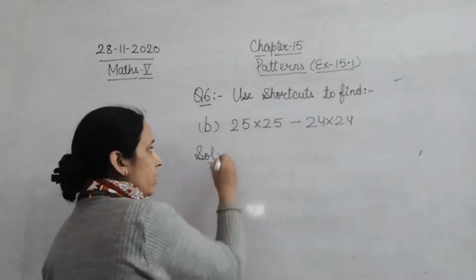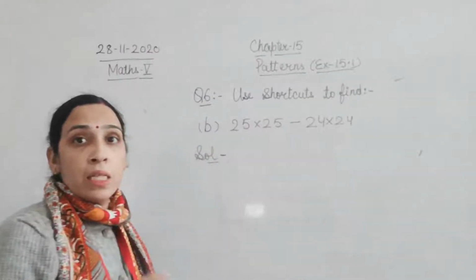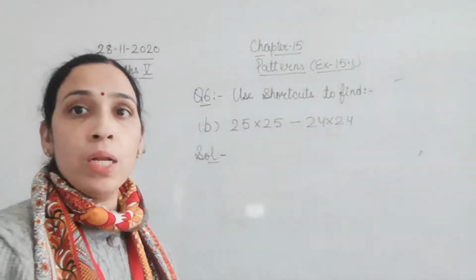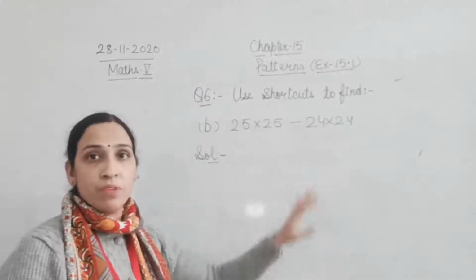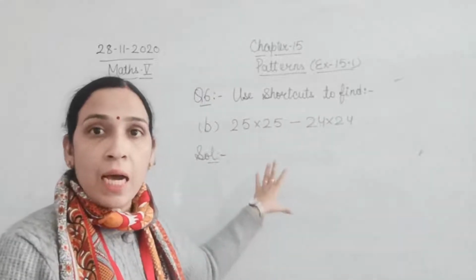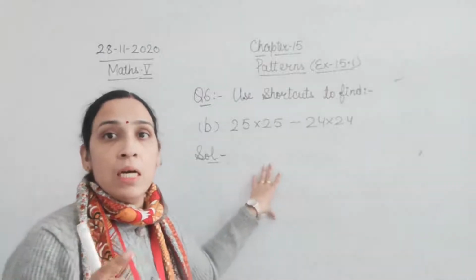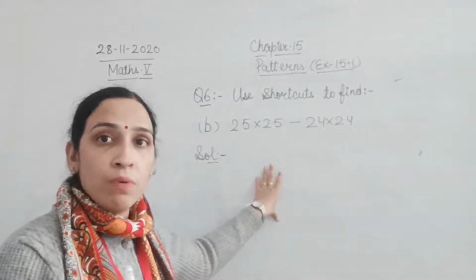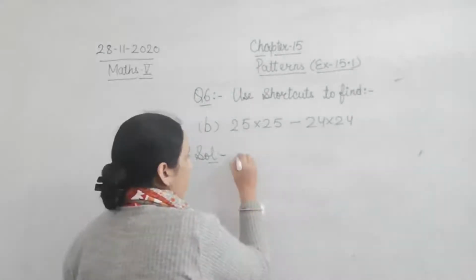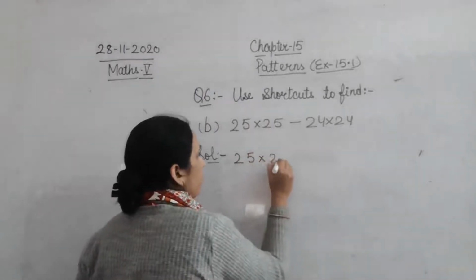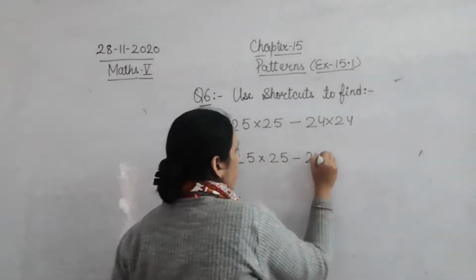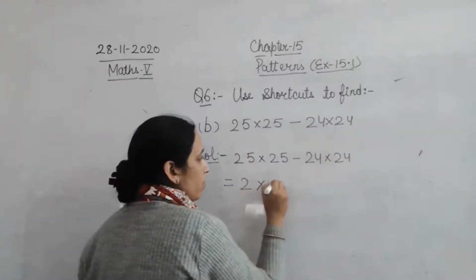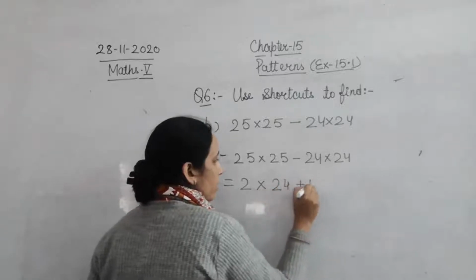Now in this case children, if you have to find the difference between these two square numbers, there is a huge problem for you all, how we will find the difference. In that case, the property or the shortcut which we have formed is quite useful. So 25 multiplied by 25 minus 24 multiplied by 24 will be equal to 2 multiplied by 24 plus 1.